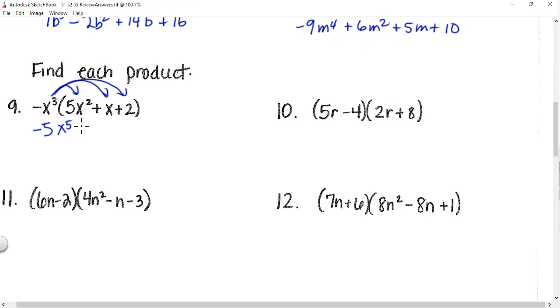Okay, so the next one, again, we have the negative 1 times, in the case of this, the coefficient is just 1. So that's negative 1 again out front. And x cubed times x to the first power. Remember, that's x to the first power. So you add those exponents. That's x to the 4th.